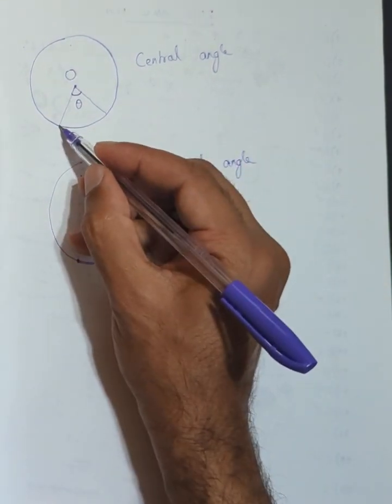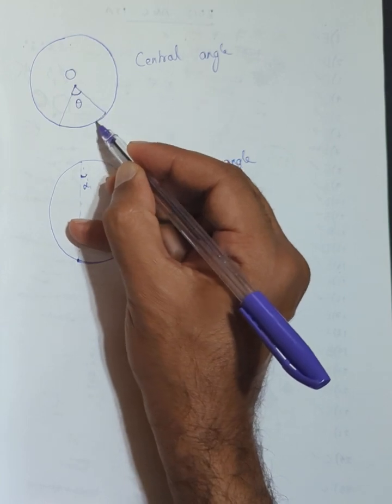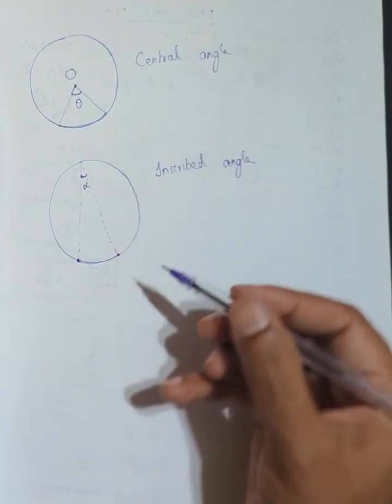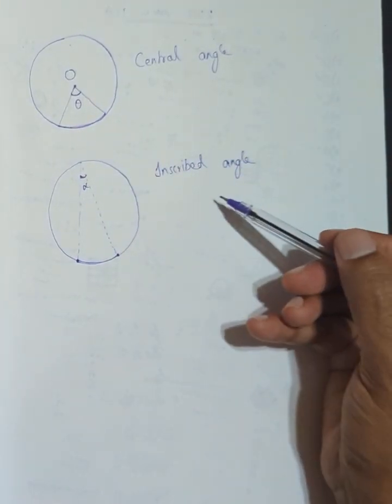I could have said this is the central angle for this arc. So there is the central angle and there is the inscribed angle.